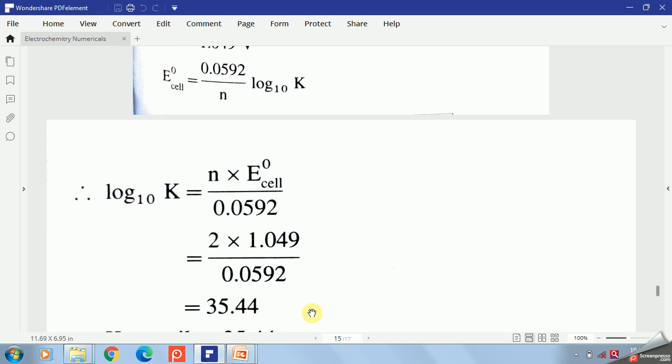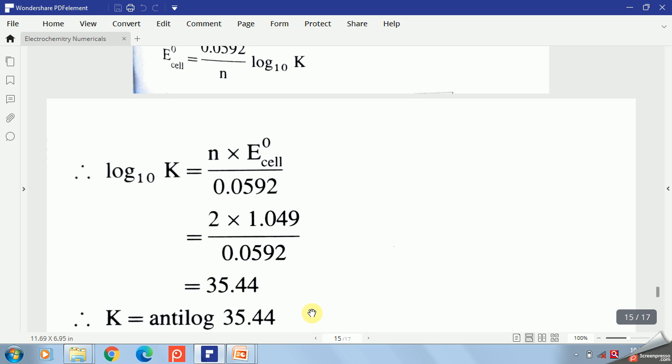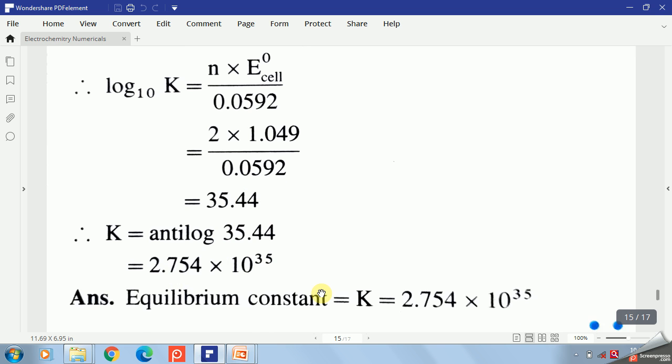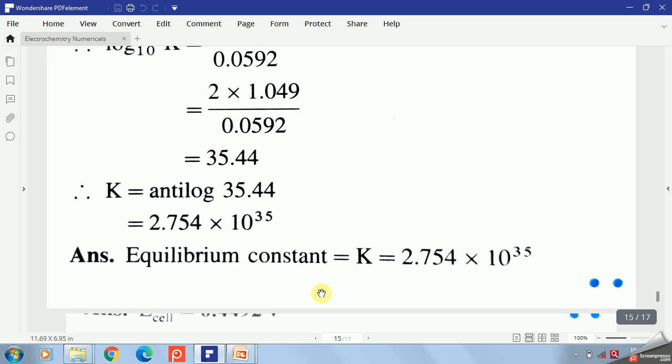So your answer is 35.44. That is log of K. Taking the antilog of both sides, log and antilog cancel on the left-hand side, so K remains, and on the right-hand side you take the antilog of 35.44. So your answer is 2.754 into 10 raised to 35. Okay, it is the equilibrium constant.